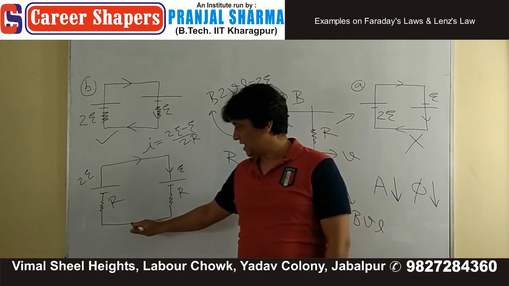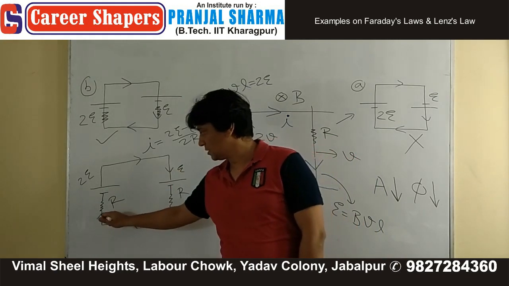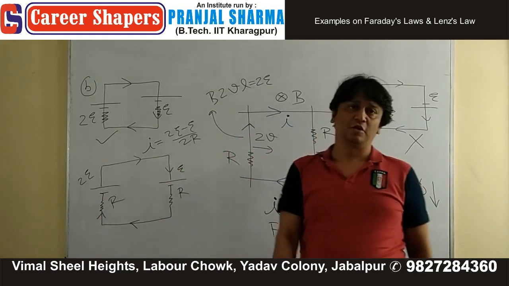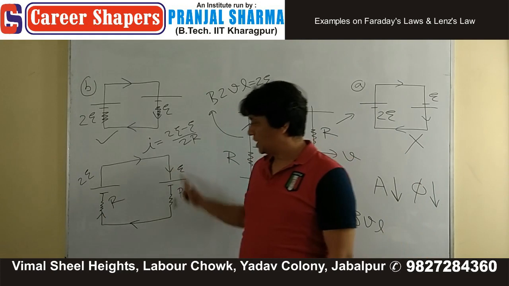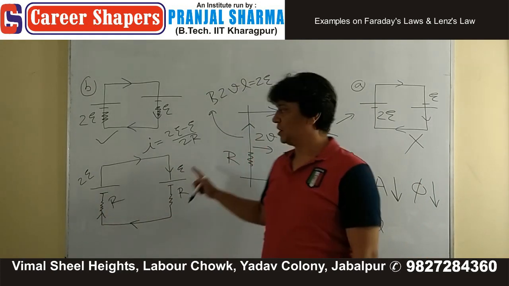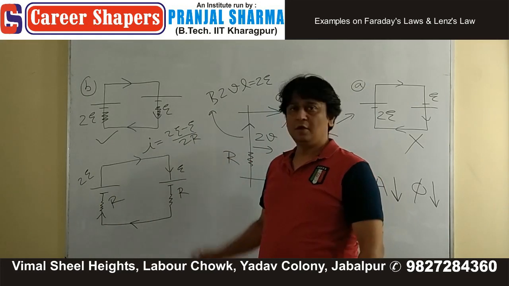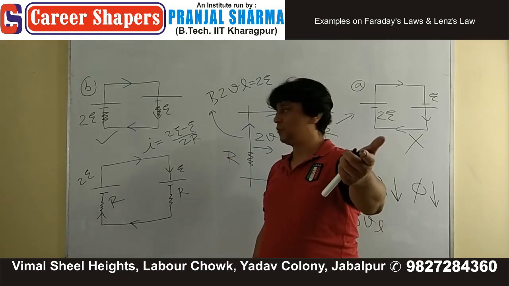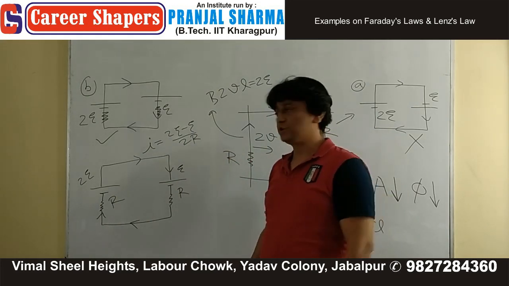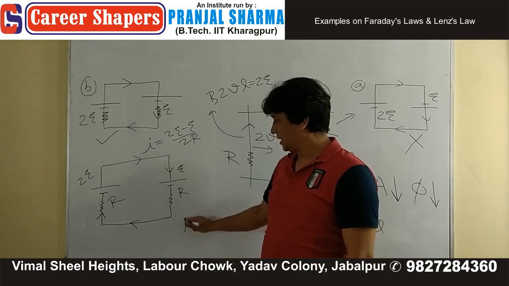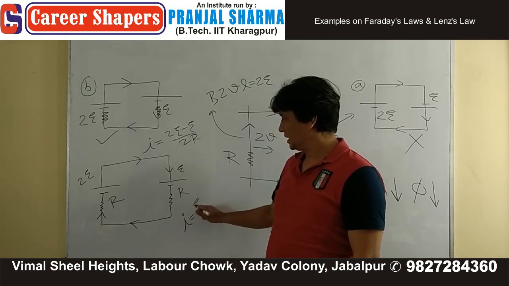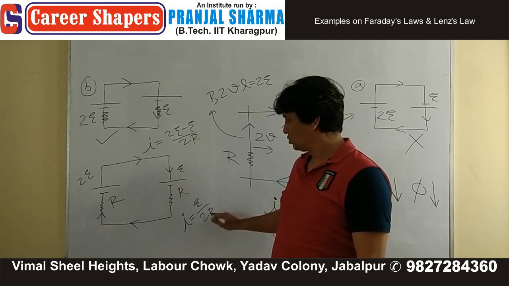You have the same current flowing, which is the definition of series. The same current is flowing, but this 2E is being opposed, so I is 2E minus E divided by 2R. For more detail, you can see combinations of batteries. So your I comes out as E divided by 2R.